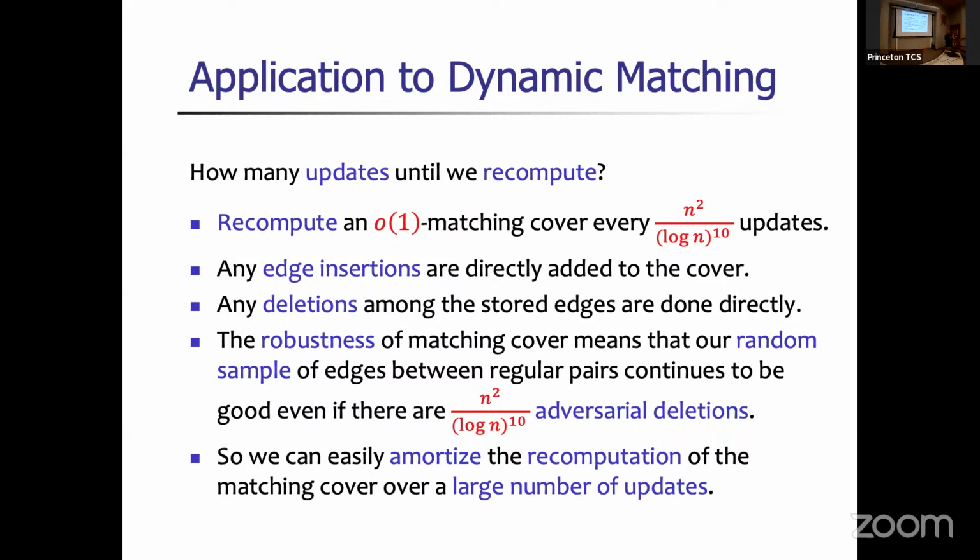We are going to continue to maintain the additive error guarantee for our cover. And so with so many updates, we can easily amortize the cost of computing the matching cover over these updates. We can actually handle fewer updates to amortize over.